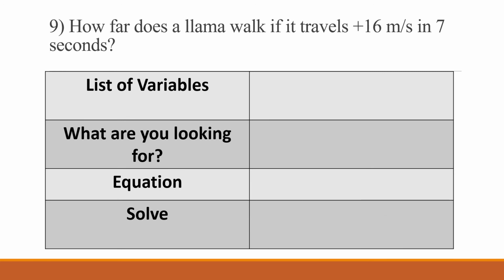How far? Oh, are we doing that same equation again? It says how far. I actually don't know until we read the problem. How far does a llama walk if it travels plus 16 meters per second in 7 seconds? Oh, there's a plus here. Does that matter? Well, is there an acceleration? Do I see acceleration anywhere? No, no acceleration. So we're going to call that a speed. If there's no acceleration, it's a speed. For our purposes, it's speed with a direction. We just know 16 right. The time is 7.